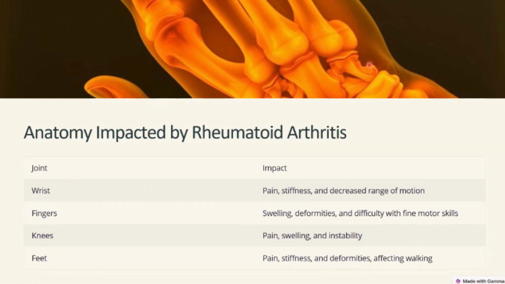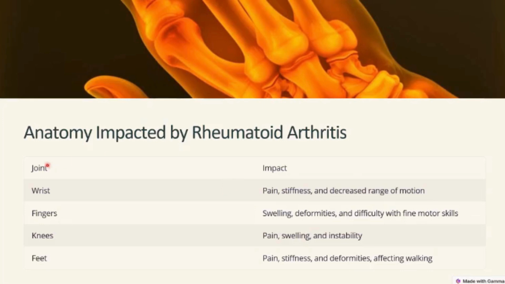These are synovial joints, meaning they contain a fluid-filled capsule that allows smooth, pain-free movement. In rheumatoid arthritis, the inflammation damages the synovial lining, which reduces the joint's ability to move freely and comfortably.